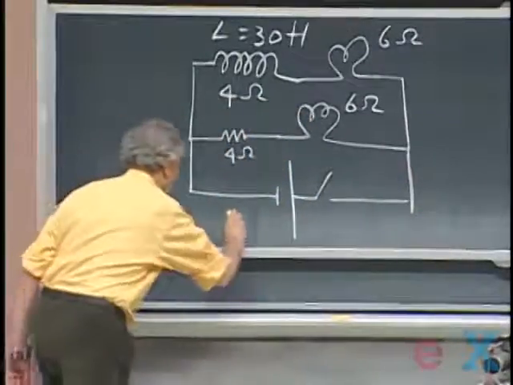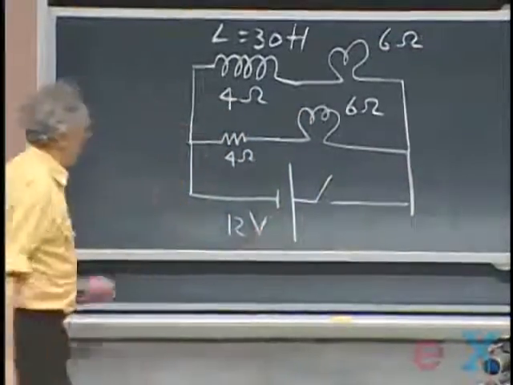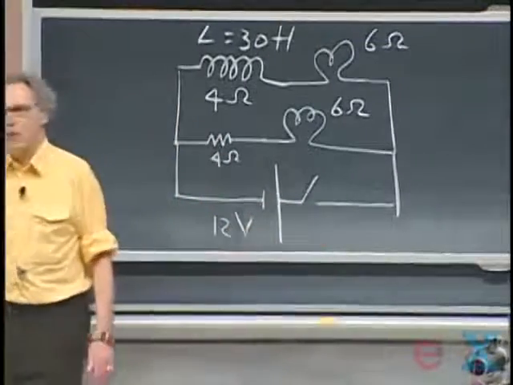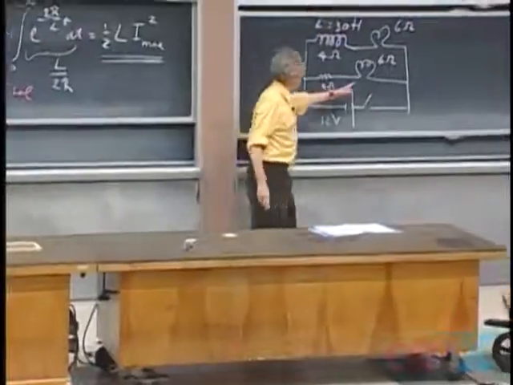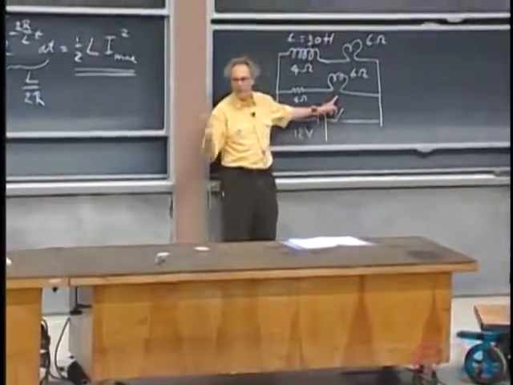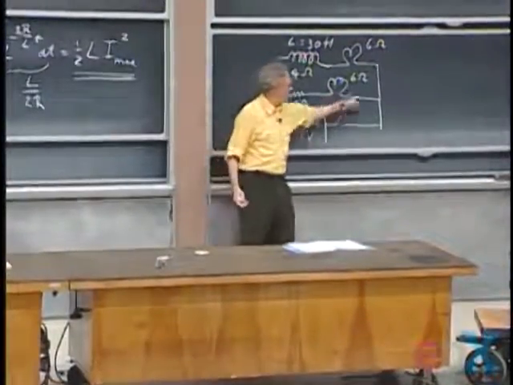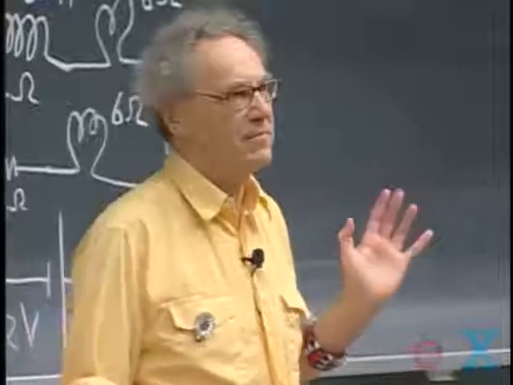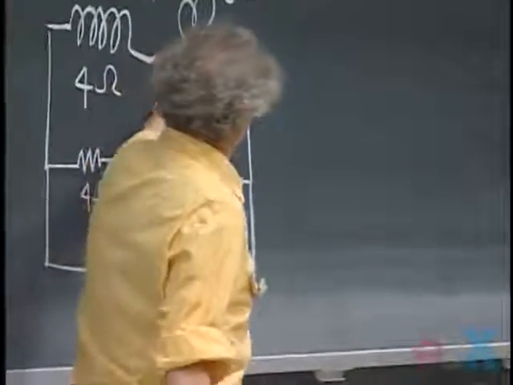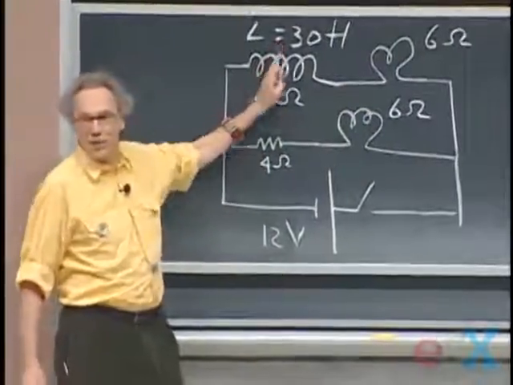And the car battery is 12 volts. And I'm going to throw the switch, turn it on. You will see that this light bulb comes on almost instantaneously. There is no self-inductance in this loop. Well, maybe a few microhenry or even less. But in this loop here, there is this huge self-inductance.